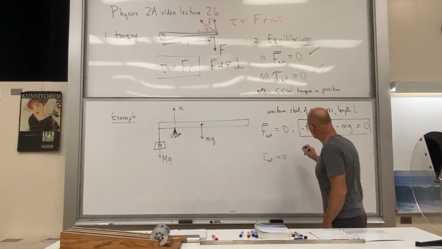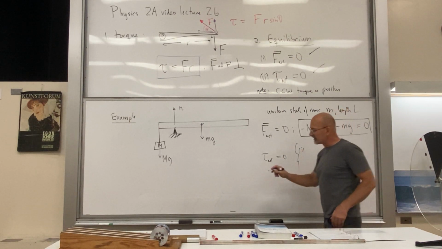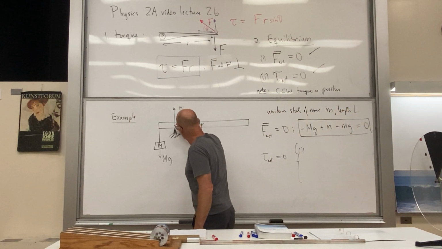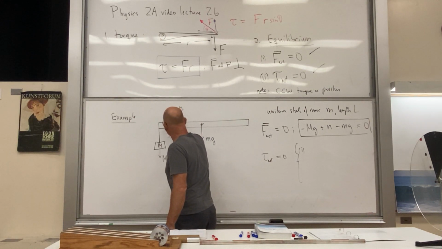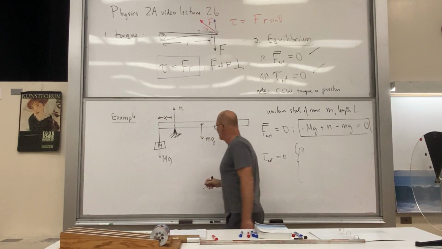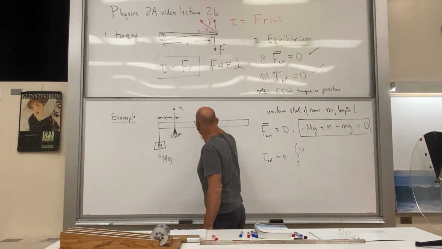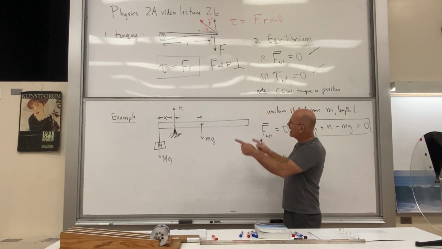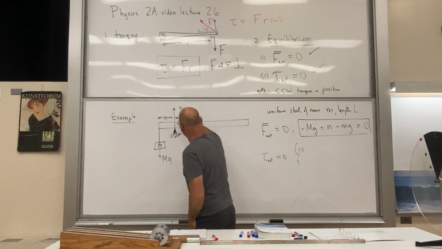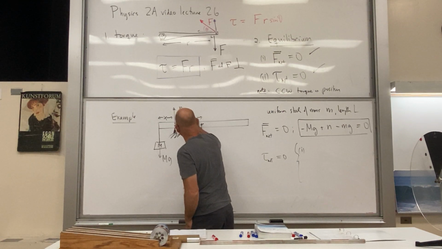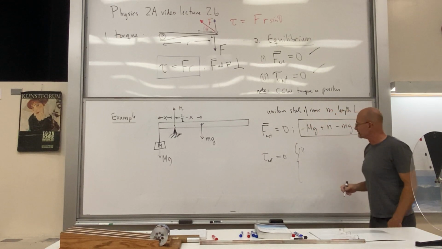There are two ways to do this. Okay. The first way is to take this as the pivot, and now I'll measure a length x. And then what would this length right here be? Well, it's half the length of the stick minus x. So I would have L divided by 2 minus x right there.